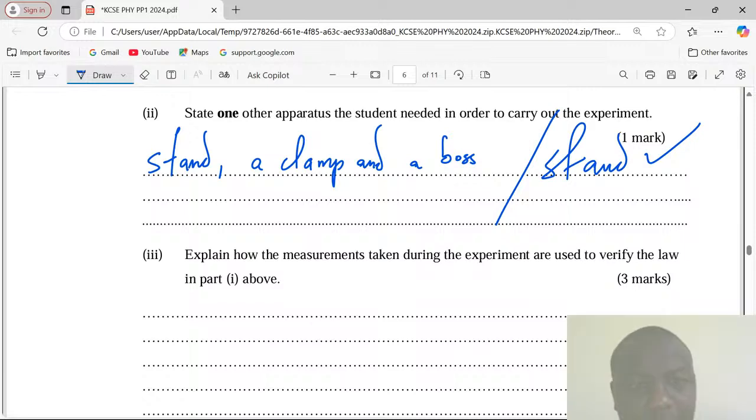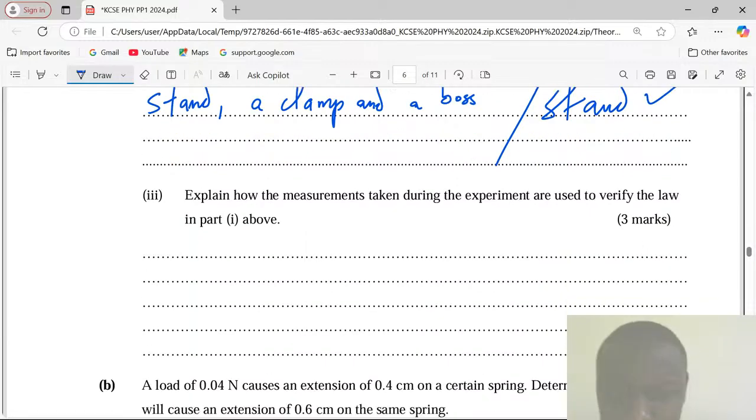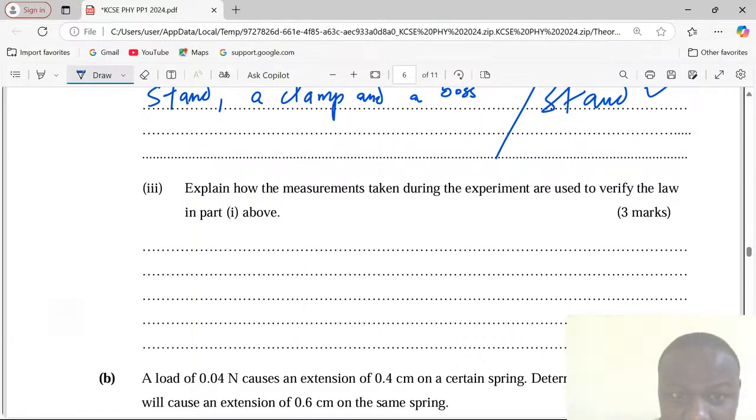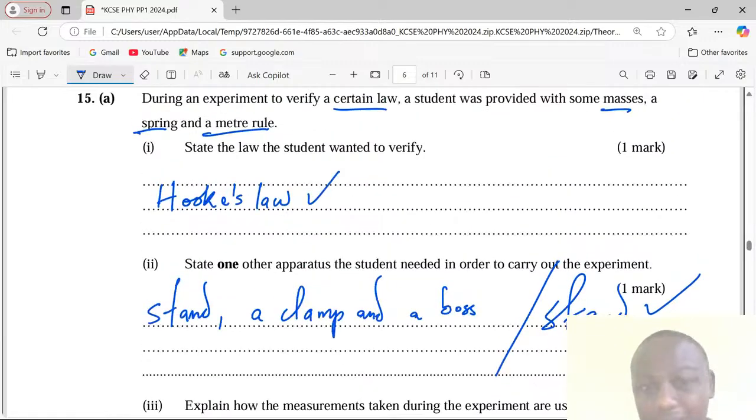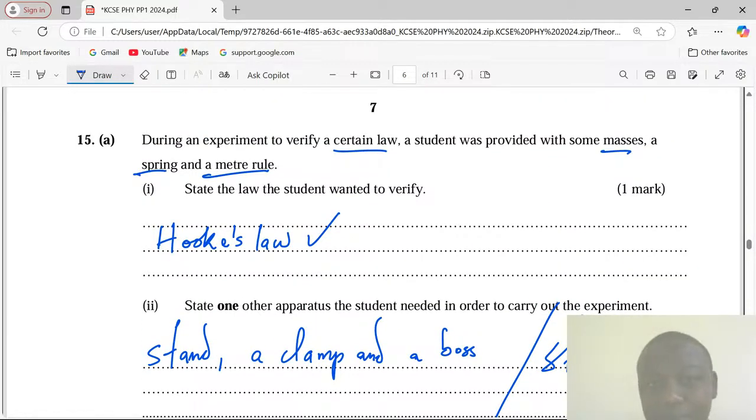Part 3. Explain how the measurements taken during the experiment are used to verify the law in part 1 above. So the law that we have mentioned, which is the Hooke's law, how will it be verified? This learner is supposed to hang the masses on the spring.